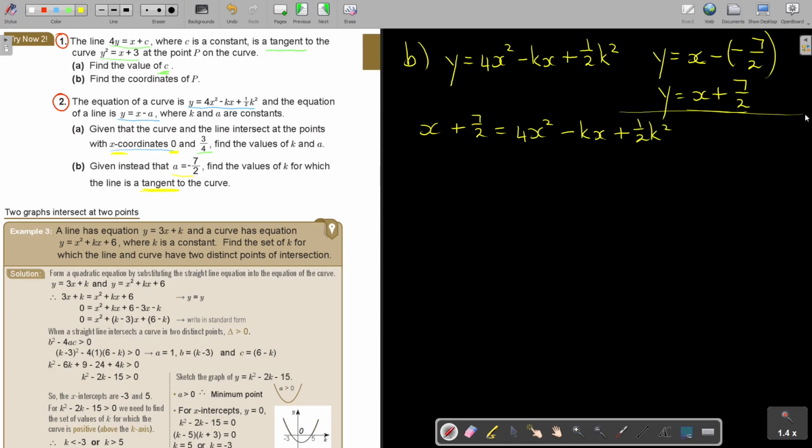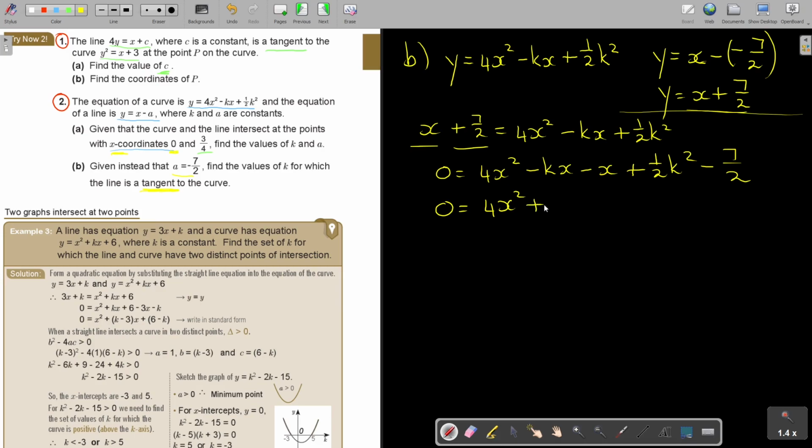Okay, I don't like it if it's run into each other. So now I take it over and I'm going to get 4x squared minus kx. I bring that one over, minus x. And then it's going to be a half k squared. Bring that over, minus 7 over 2. Okay, I can now rearrange it a little bit.